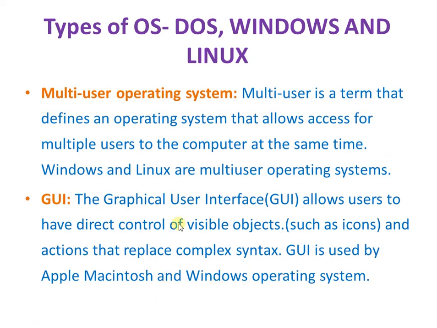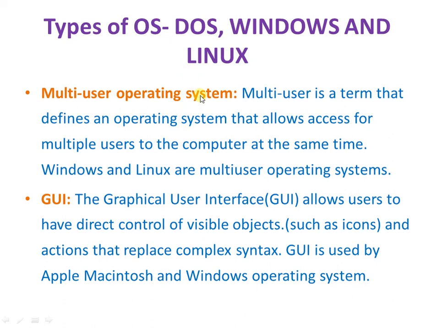Now the next one is the multi-user operating system, means a single computer is being used by multiple devices. We have also seen multiple times that a single CPU is running multiple devices, and that is known as the multi-user operating system.